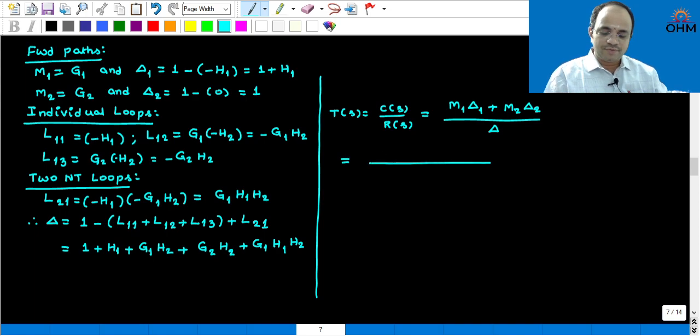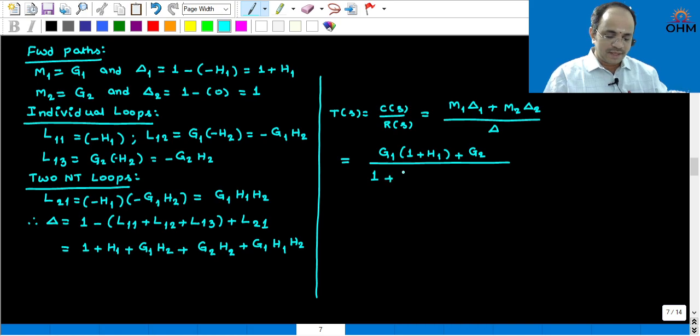So, what is this value? M1 is G1 into delta 1 is 1 plus H1, plus M2 is G2, delta 2 is simply 1.